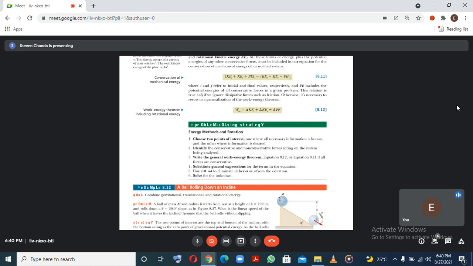The reason being, it's not slipping, so neither the angular velocity nor the translational velocity is being affected by the slipping that would happen. But this question, the ball rolls without slipping, so everything is okay.